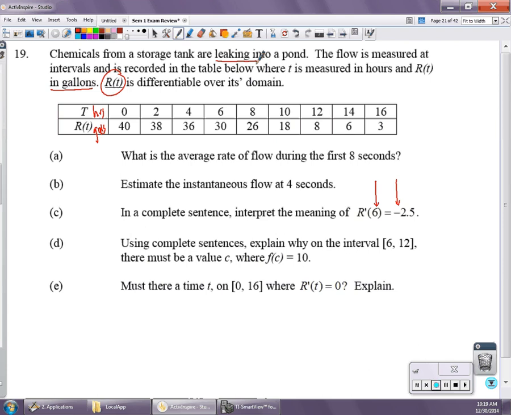So the chemicals are decreasing, and they are decreasing at a rate of 2.5 gallons per hour.